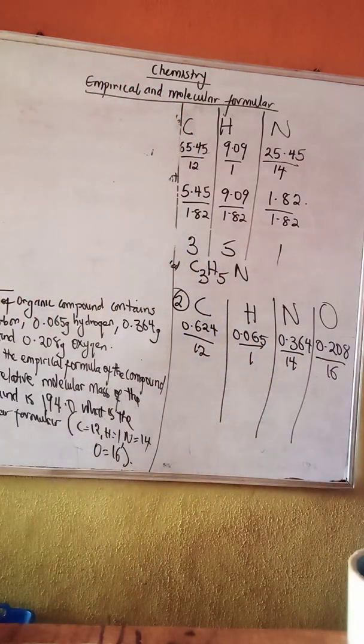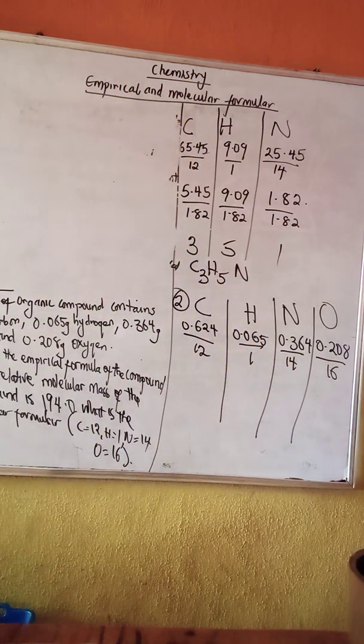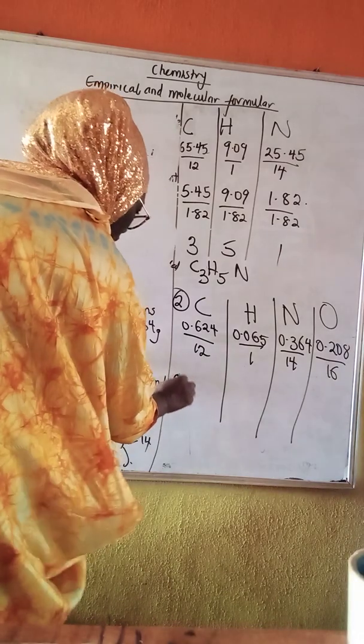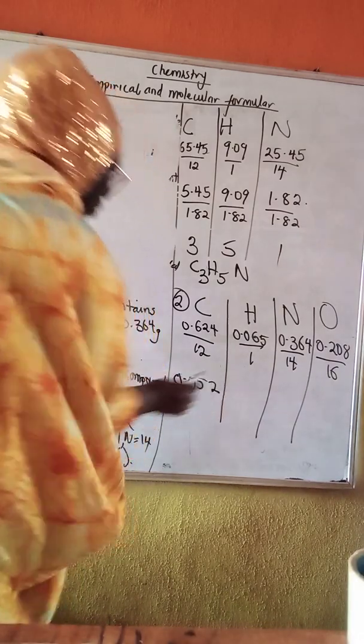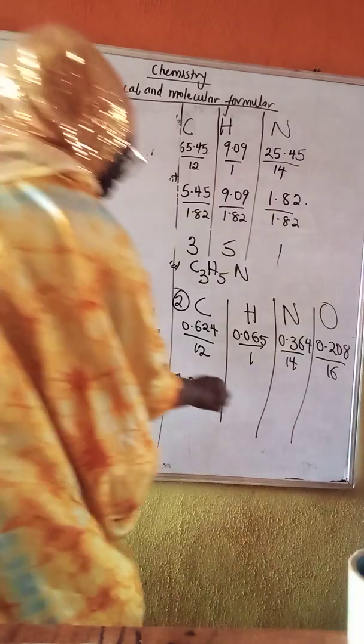So let's divide through. What do we have for the first one? 0.052. Hydrogen 0.065.